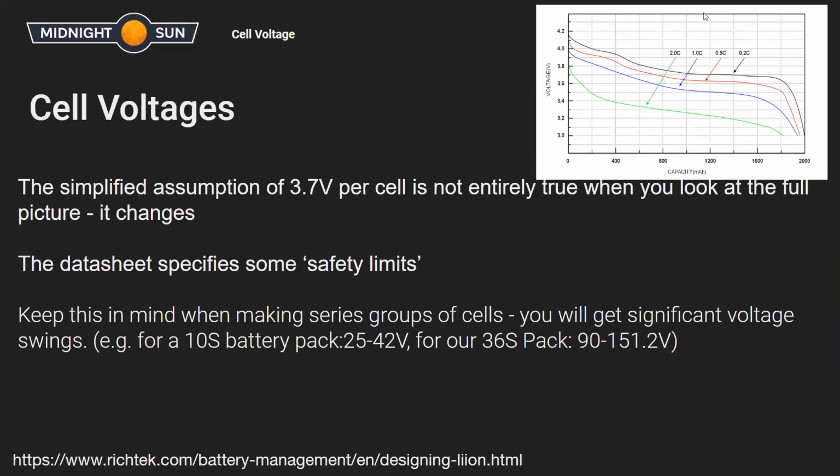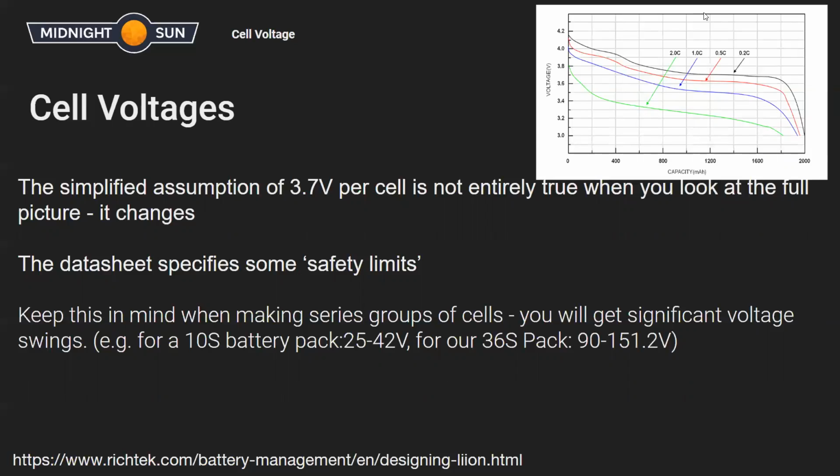As Leah mentioned earlier, cells can be modeled as a constant voltage source, but that's not entirely true. It's a very good model for determining electrical characteristics, but when you want to determine how much energy they store, you need to look at the full picture.